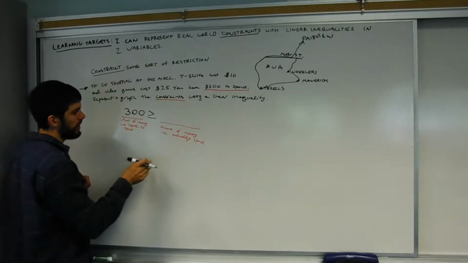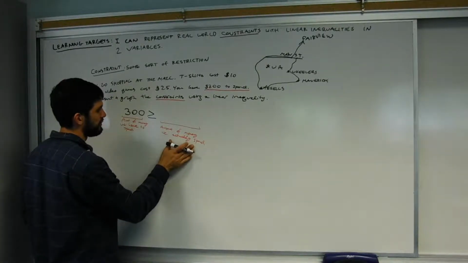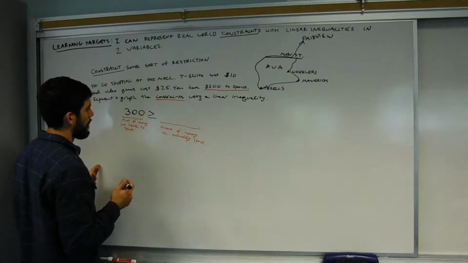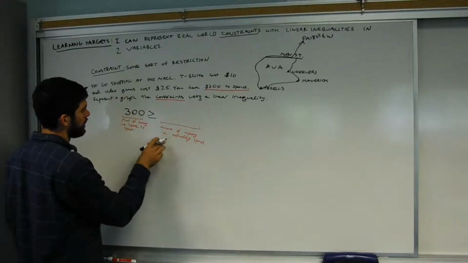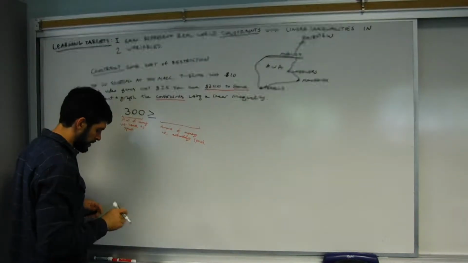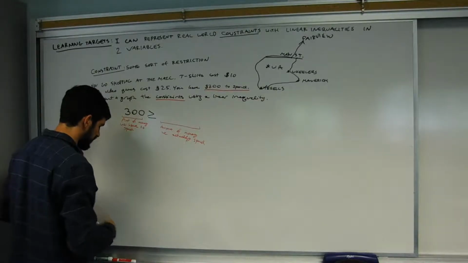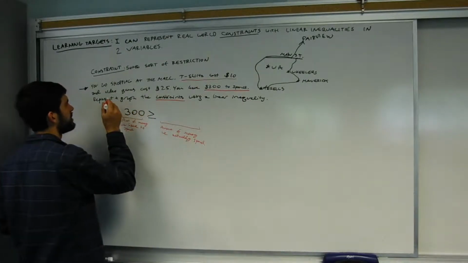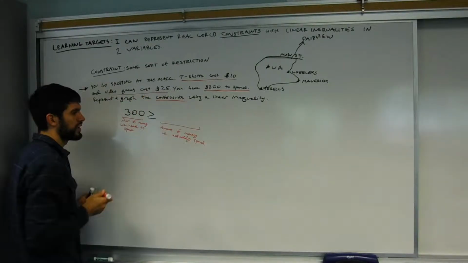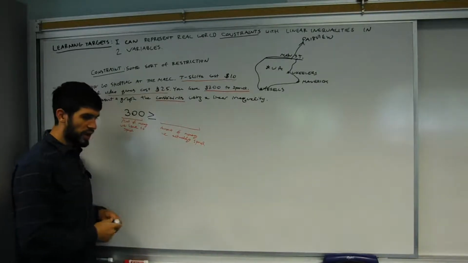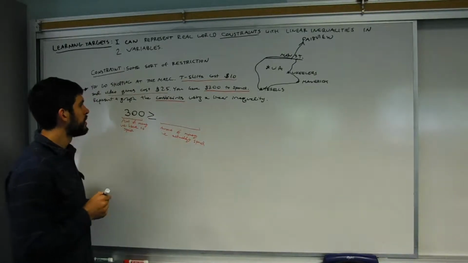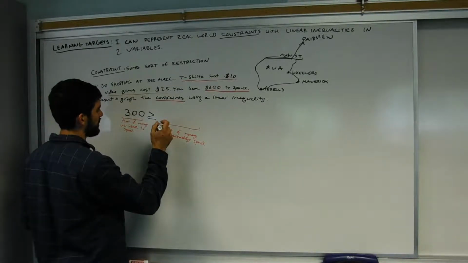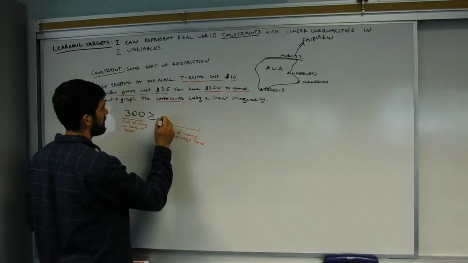Now we have to figure out how to represent the amount of money that we actually spend. Let's look at this problem again. We have 2 other key pieces of information: t-shirts cost $10 and video games cost $25. The way we're going to represent this is by writing t-shirts, which we can represent using a T, cost $10.